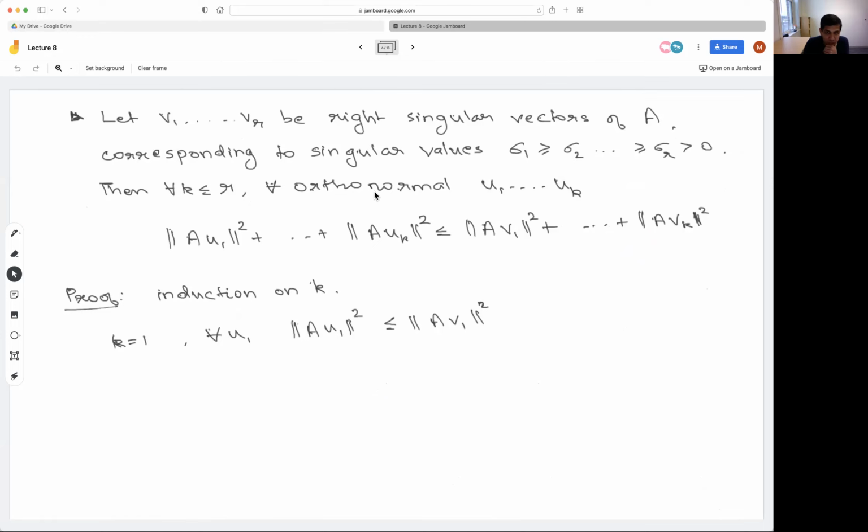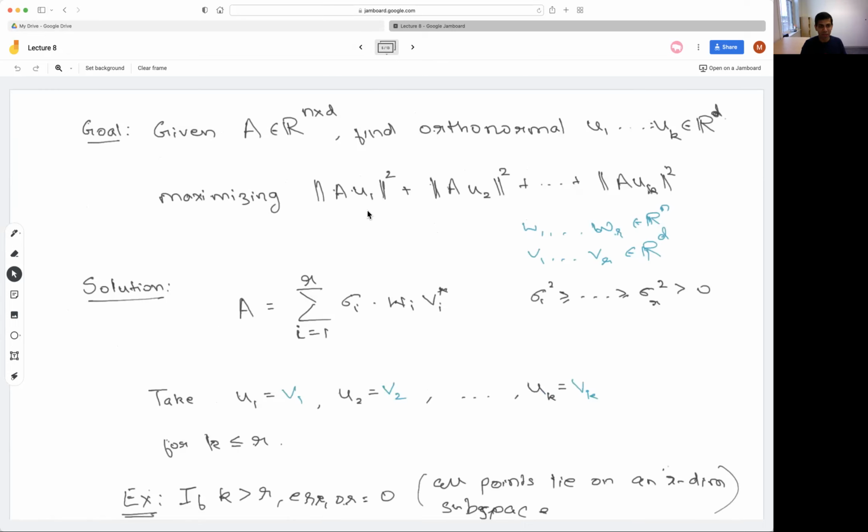Okay. Now, going back to what we were trying to solve, I claimed that if you take the right singular vectors in descending order of the singular value, take the first k of them, then that's the optimal solution, maximizing this quantity, norm of AU1 squared plus norm of AU2 squared all the way up to norm of AUk squared.